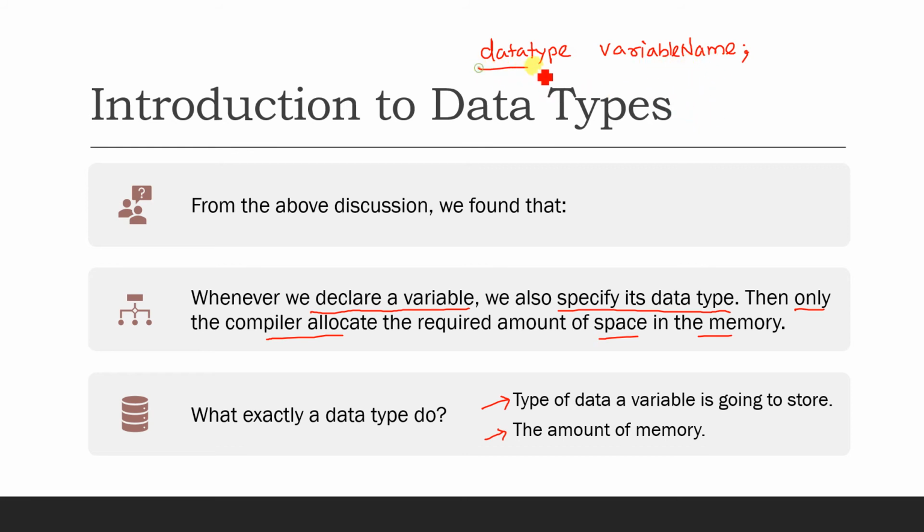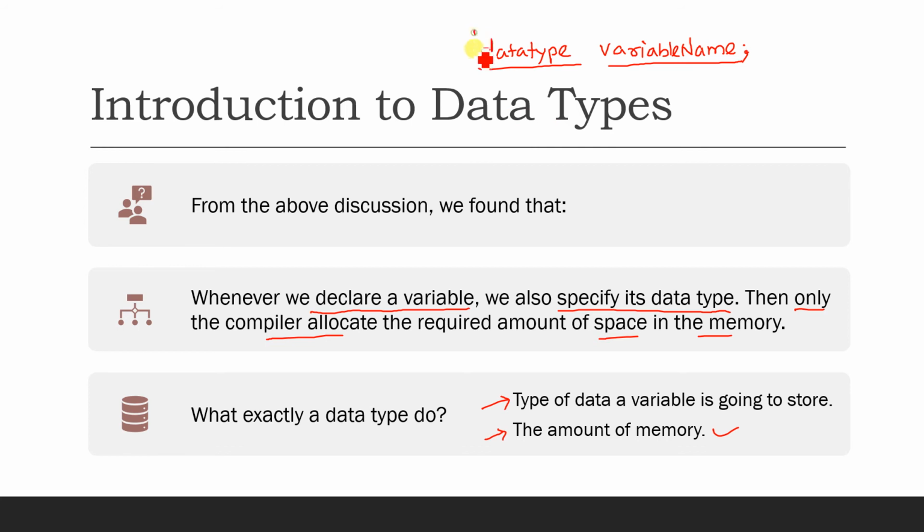This is how a variable is actually declared. So what does the data type specify? As I have already told you, the data type specifies what type of data the variable is going to store. After knowing that, it will allocate the required amount of memory.